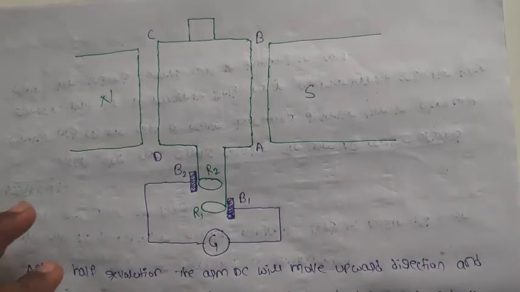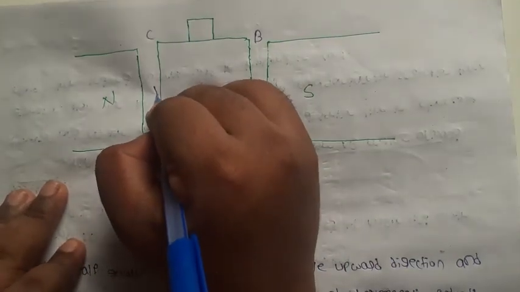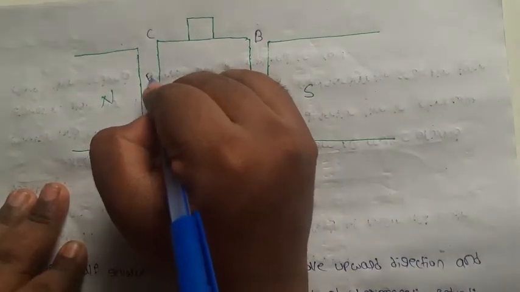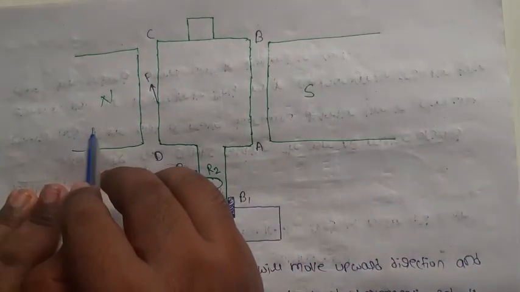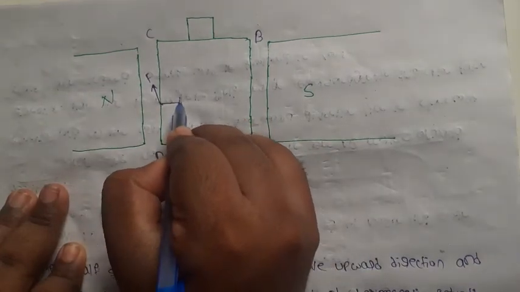After half revolution, the arm CD will move upward direction. So this is the motion of conductor. So this is F. What about the magnetic field direction? North to south direction. There is no change from left side to right side.